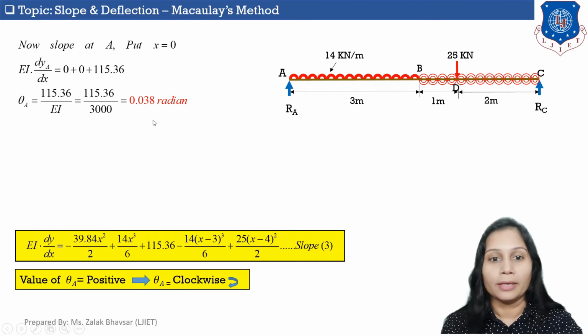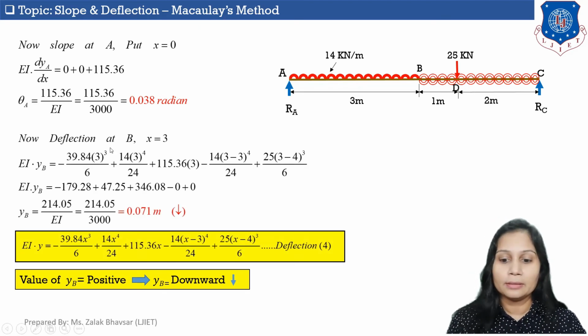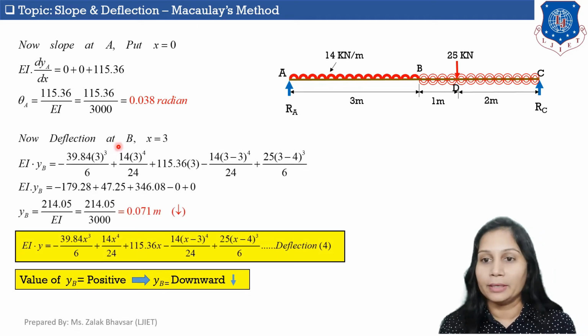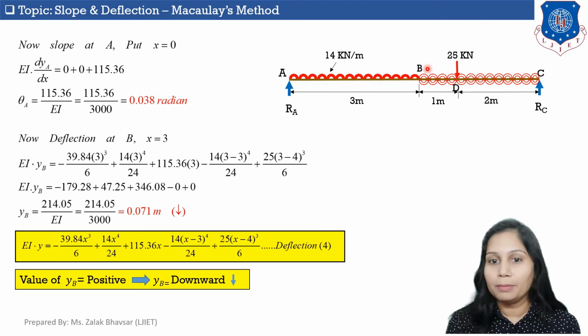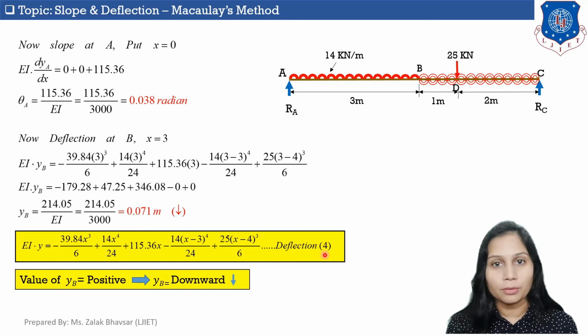Now let's calculate deflection under point B. So for calculating deflection at point B, which is at a distance 3 meters from point A, which is our origin, we need to put x is equal to 3 in equation number 4, which is deflection equation.